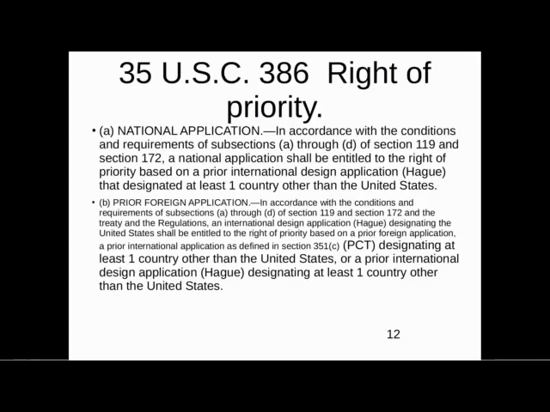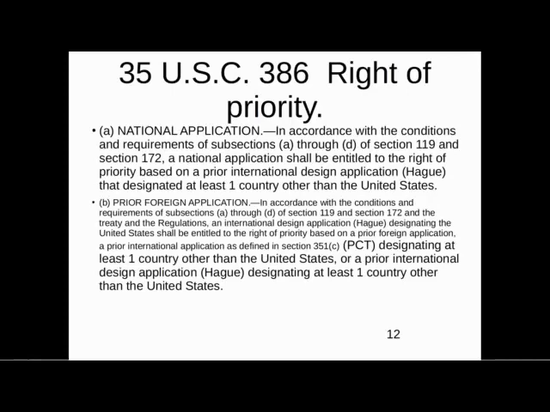And one of the things is that if you file a national application in the US, the A that you see here is reminding us of something I mentioned earlier. You can have a right of priority that goes from a previous Hague case that somebody else filed, or that your own client filed, but that some other firm probably filed at WIPO, and it designated at least one country that's not the US.